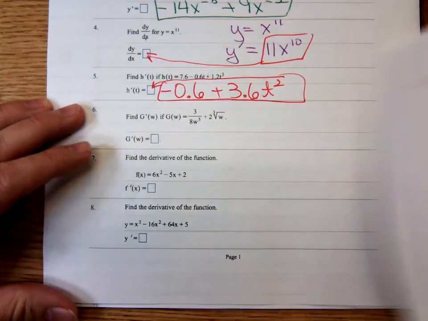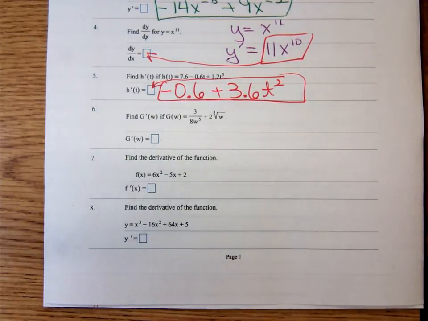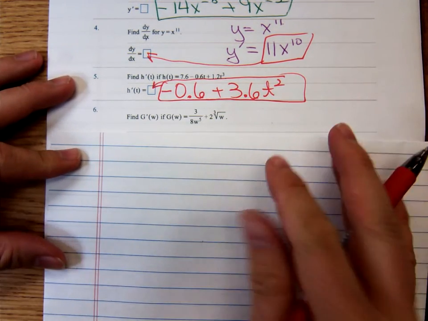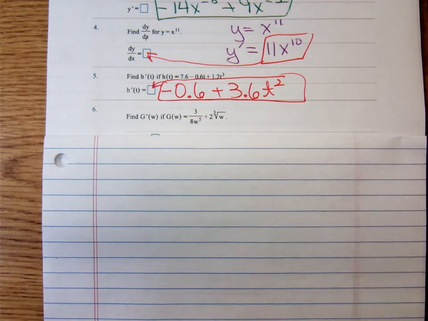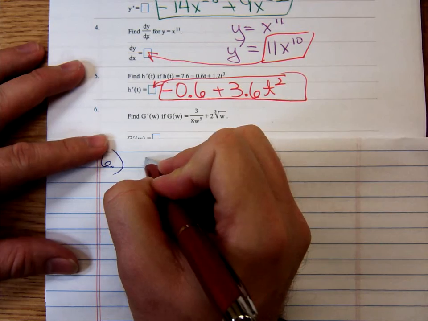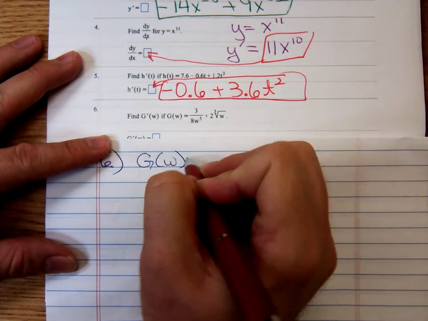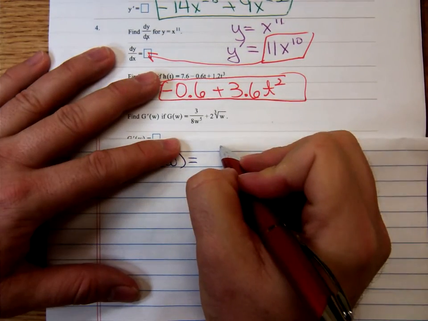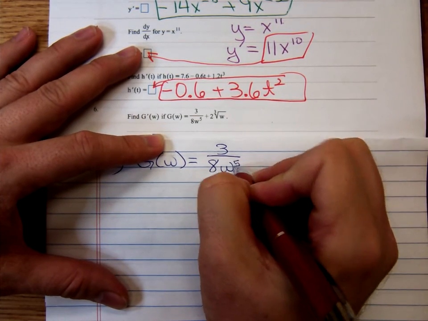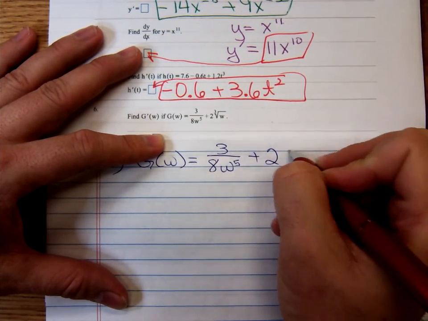So this is number 6. Let me write the problem down. Number 6. g of w is equal to 3 over 8w to the 5th plus 2 times the cube root of w.